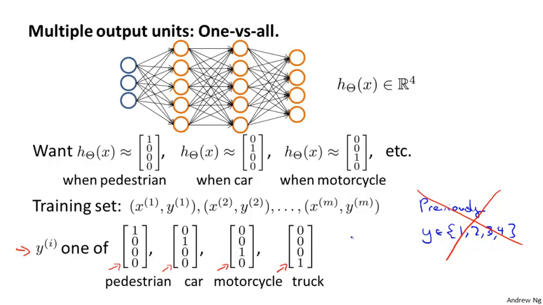And so one training example will be one pair x_i comma y_i, where x_i is an image with one of the 4 objects, and y_i will be one of these vectors.